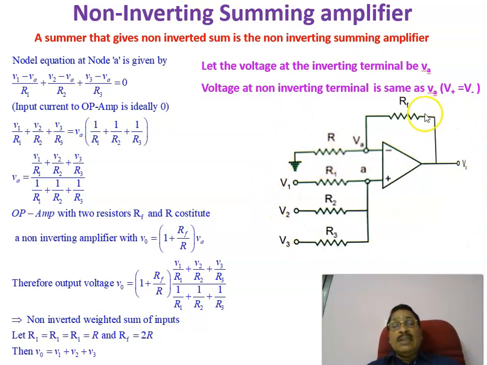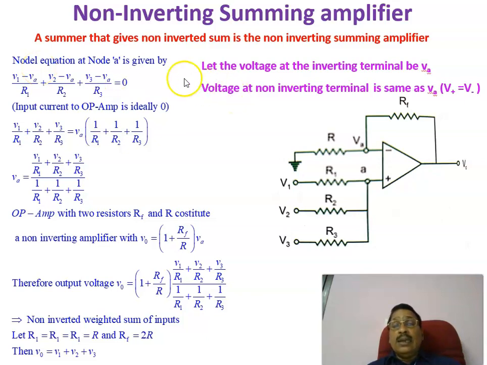As in the previous case, you have to analyze this and find the equation for the output voltage. A summer that gives a non-inverted sum is called a non-inverting summing amplifier; its output is a non-inverted version of the summation of these voltages.